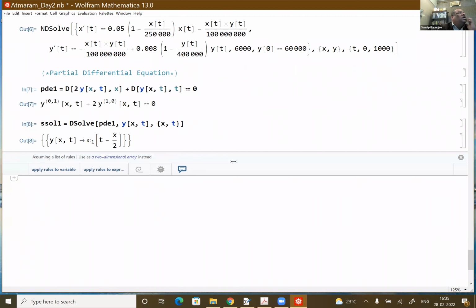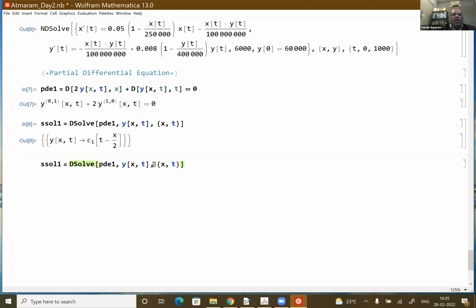Then obviously you want to plot this. If you want to plot this, I have to put an initial condition, and say the initial condition is simple one: y[0,t] is sin t.